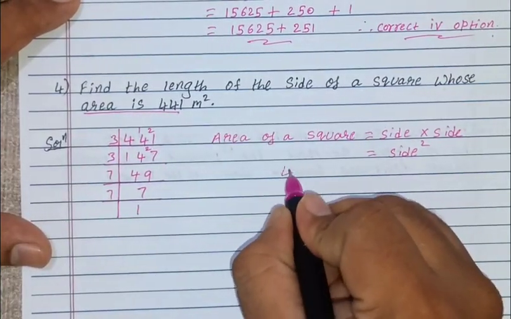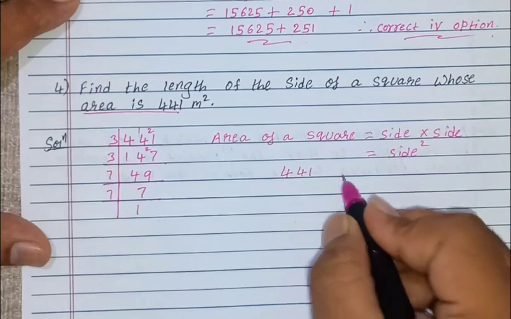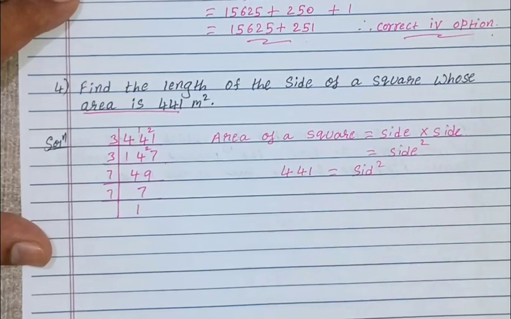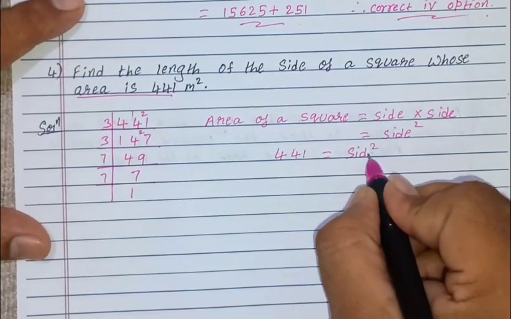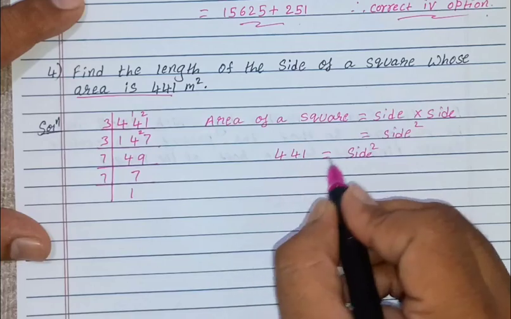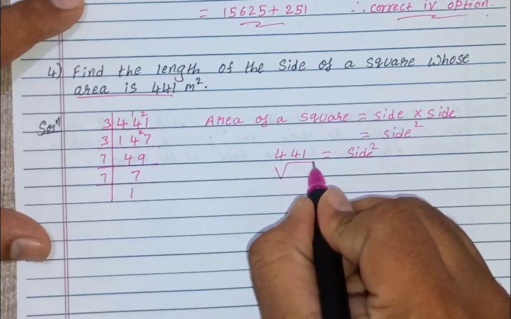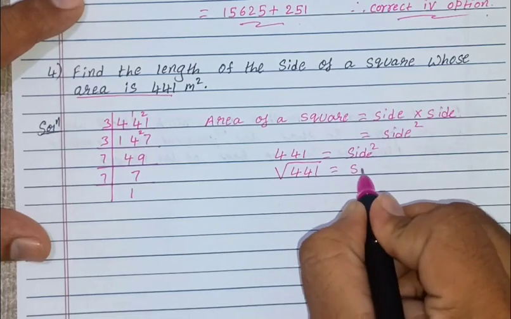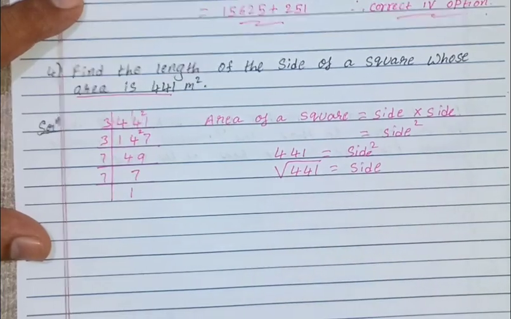So area of a square is 441, which is equal to side square. Already the equation is mentioned here, right? Now taking the square to this side, it becomes the square root of 441 is equal to side, right?